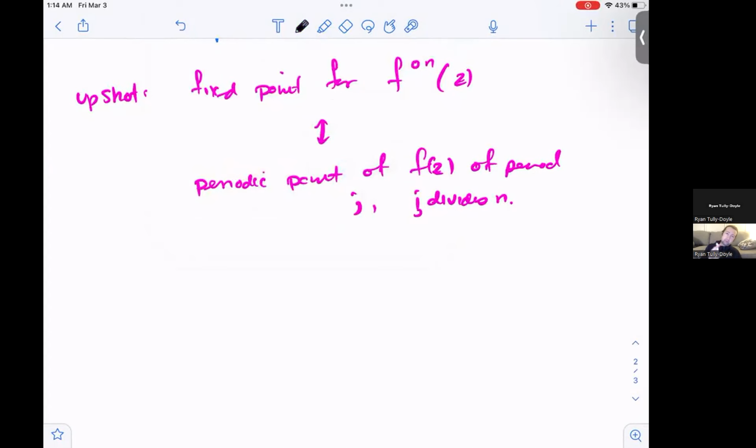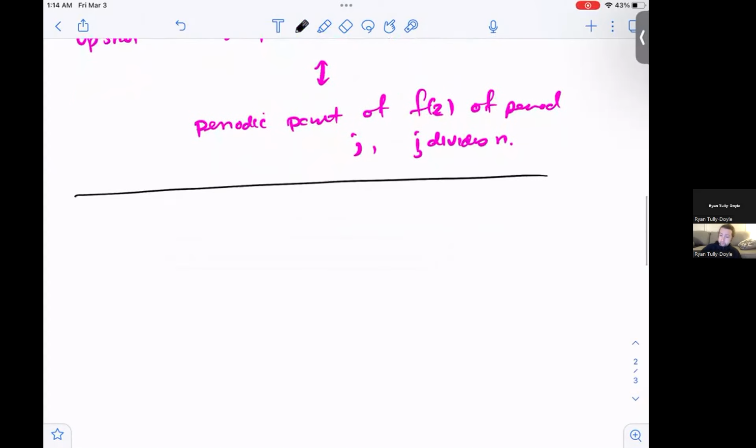And it turns out that the way that you look at that is the same way that we looked at whether or not fixed points of linear functions were attracting or not. We're going to compute a derivative. So first, we'll define what it means to be attracting.